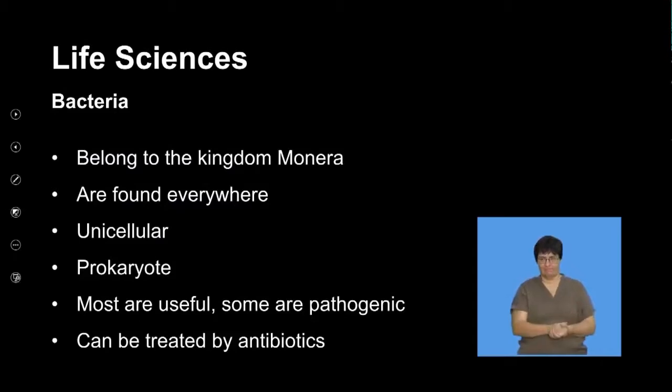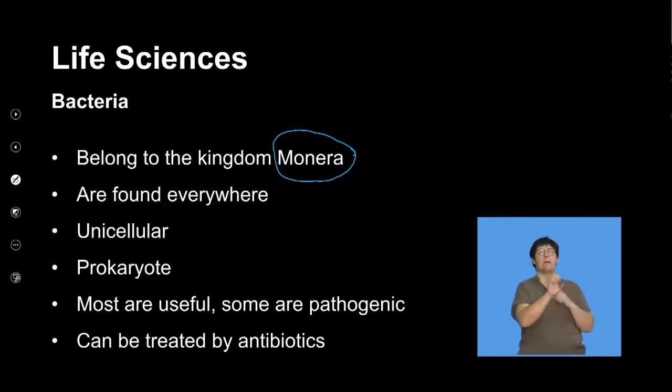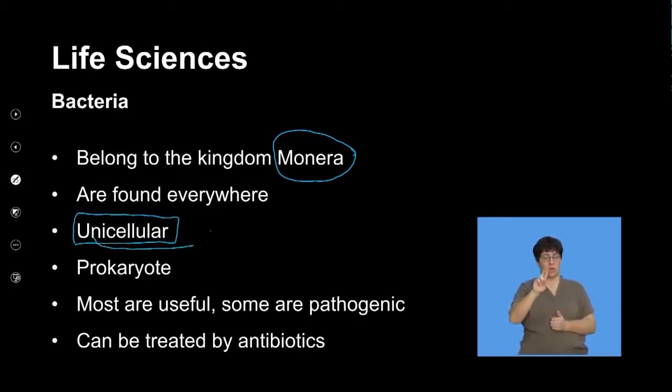Just have a look at a few that I'm hoping might ring a bell. So if you belong to the kingdom Monera, there are a few words that I just want you to be able to remember. They are unicellular. Unicellular means one. You're going to see when we look at the structure that bacteria are only one cell. They are also prokaryotes.